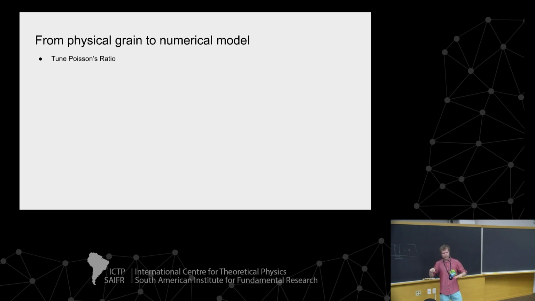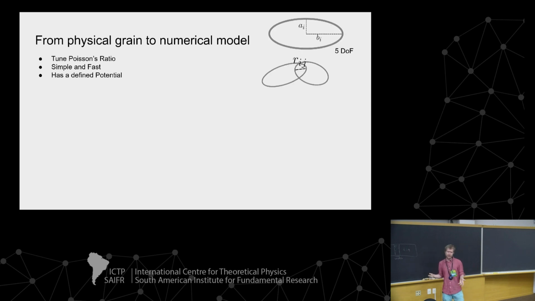We wanted first to create a numerical model where we could tune the Poisson ratio of our particles. We also wanted the software to be simple and run fast, and to have a defined potential energy. So just to be simple, firstly, we started working with ellipses, the most simple particle that can show deformation.